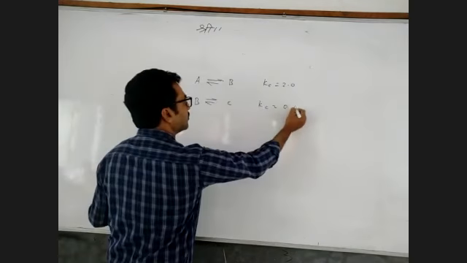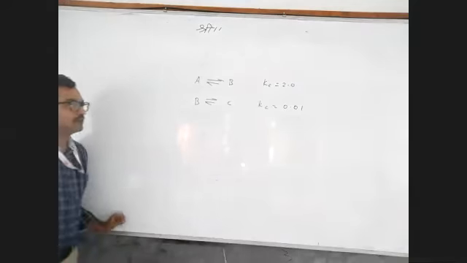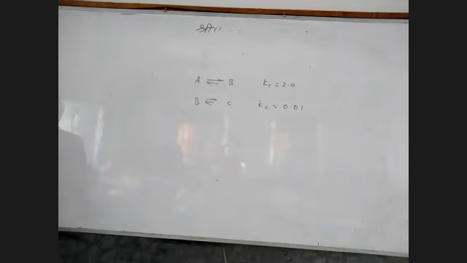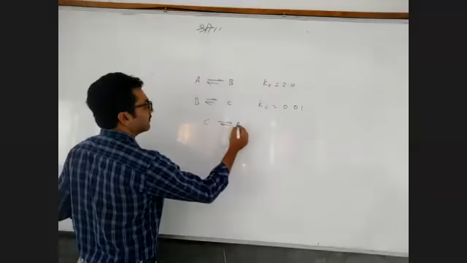Very easy. Those who know mathematics can do it. Then what is the Kc for C gives rise to A? The question was not printed properly. Okay, C to A.